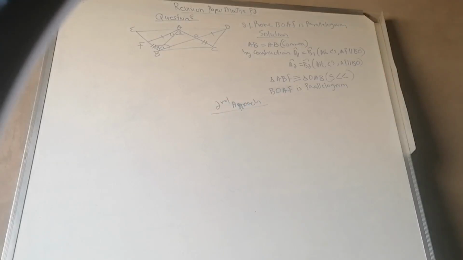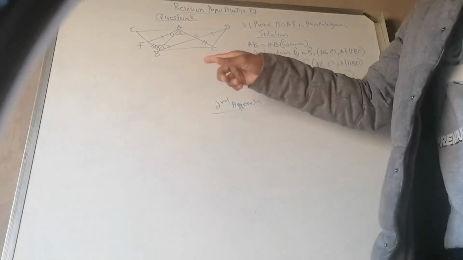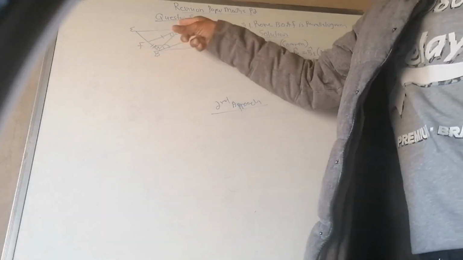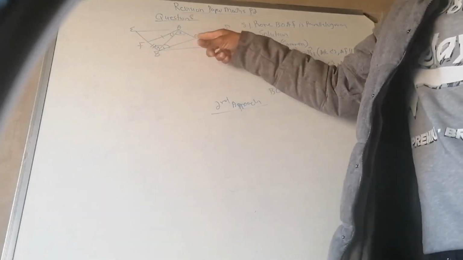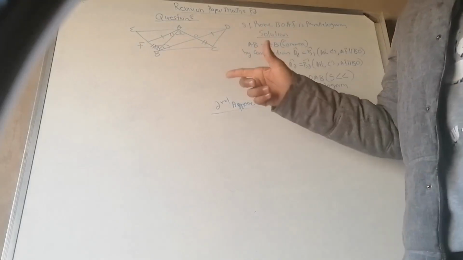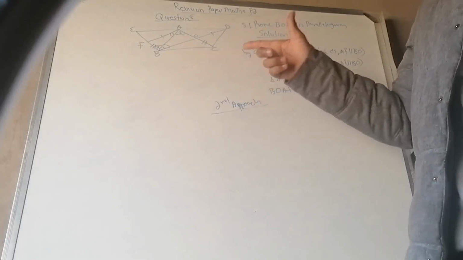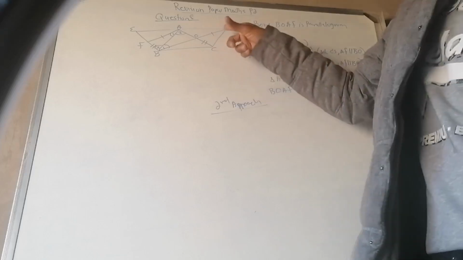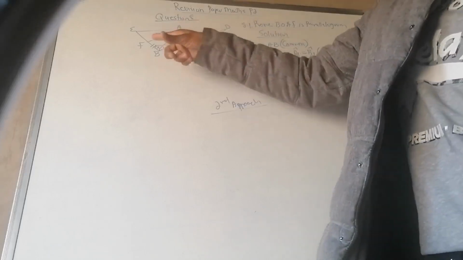The second approach will be to say, because I was told that AF equals OD, I was provided with that to say that this is equal to that.